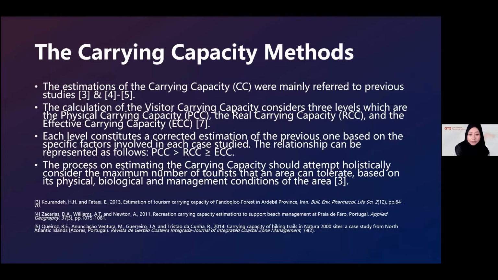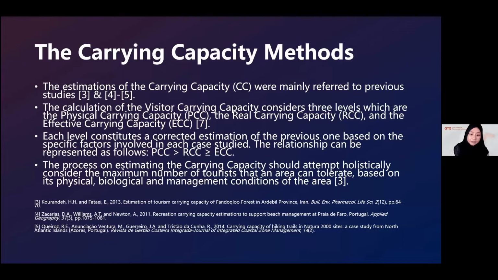So there are 3 steps to ensure that the carrying capacity method is achieved. First, we need to have physical carrying capacity. Second one is real carrying capacity, and the third one is estimating effective carrying capacity using management tools.